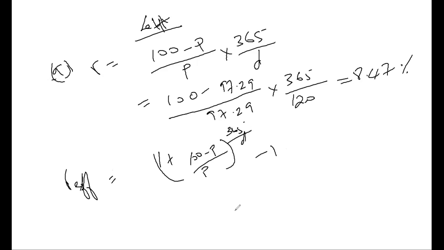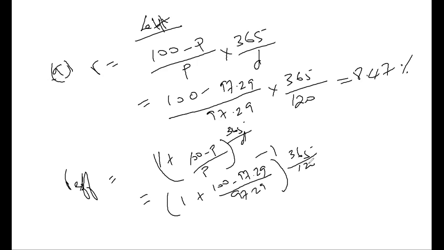So if we base that on what we have, it would be 1 plus 100 minus 97.29 over 97.29, raised to 365 over 120, minus 1.